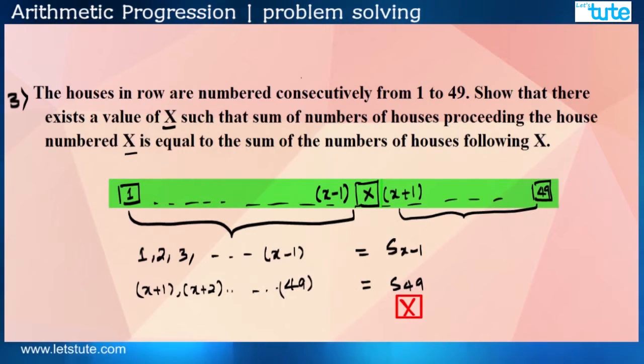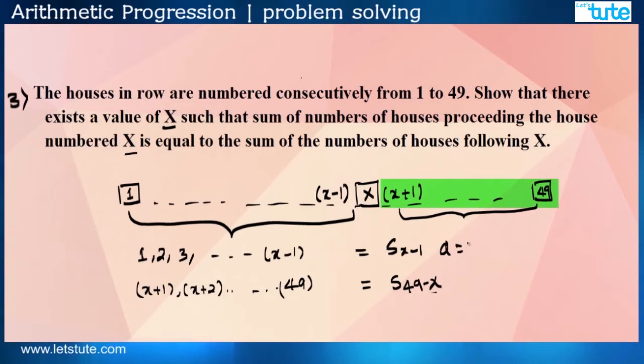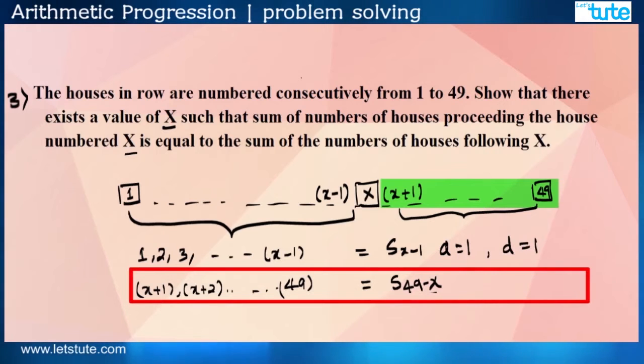So from this 49, if we subtract 1 to x, the remaining segment will start from x plus 1. That means we have to find the sum of S49 minus S(x). What is a over here? a is 1 and d is also 1 for the first arithmetic progression. For the second arithmetic progression, a is x plus 1 and d is 1 only.